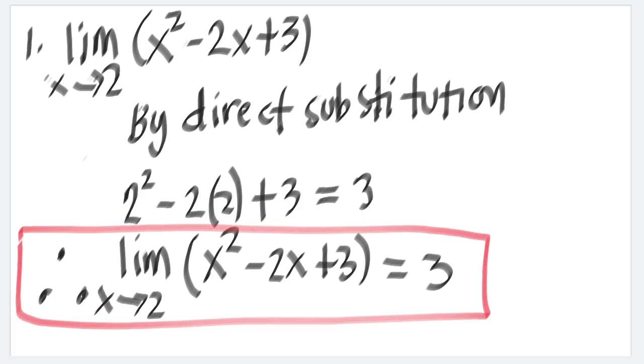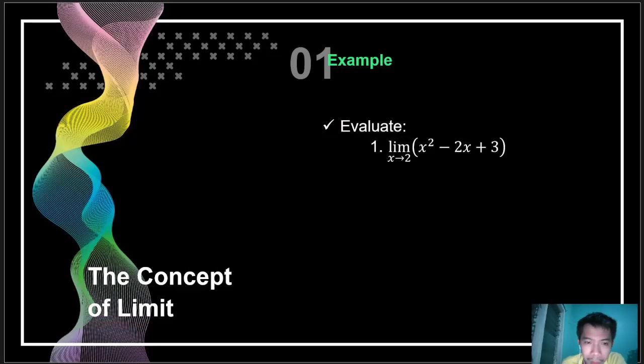Okay? So that is the definition of a limit, and its use in differential calculus. So later on we will be able to fully appreciate the use of a limit when it comes to undefined functions.